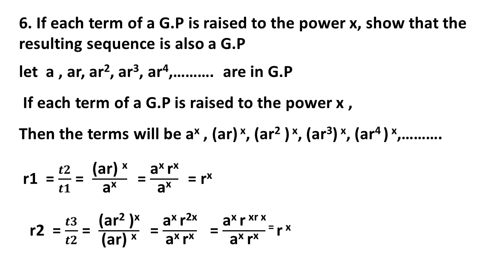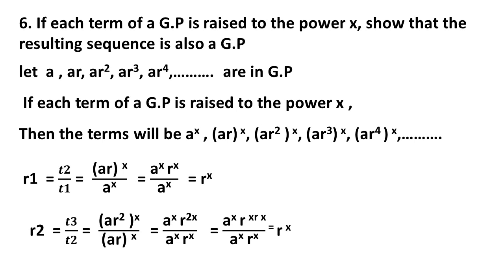Just observe how the calculation is done. AR square to the power of x means A to the power of x into R to the power 2x. R to the power of 2x is expanded as R to the power of x into R to the power of x. A to the power of x, A to the power of x gets cancelled. R to the power of x, R to the power of x gets cancelled.